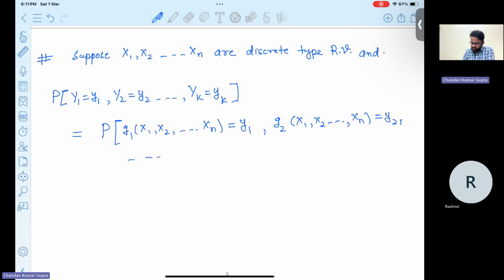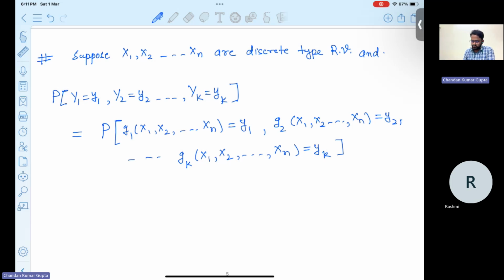In a similar manner, we can define gk of x1, x2, xn, which is equal to yk. This is how we associate these different random variables.